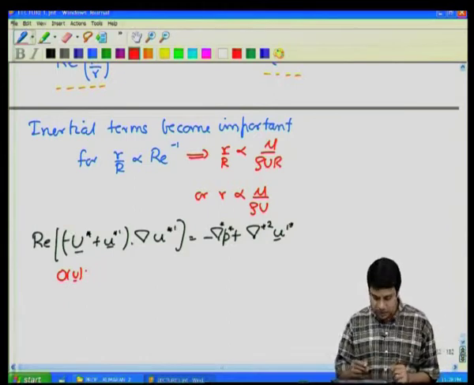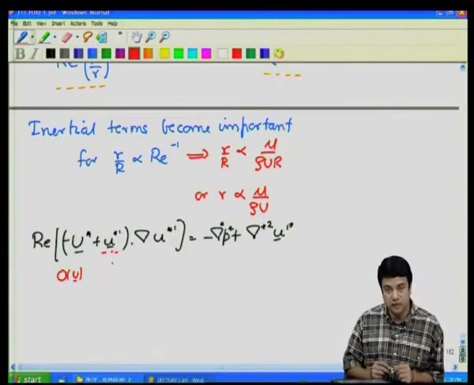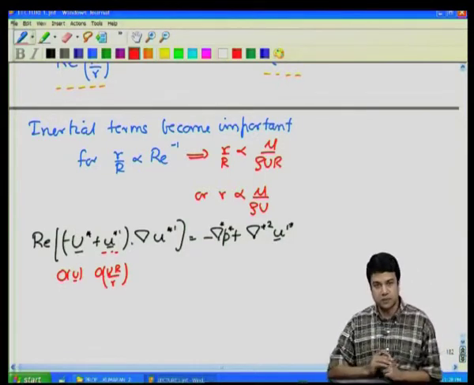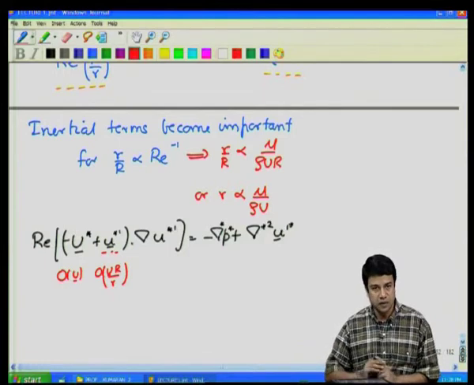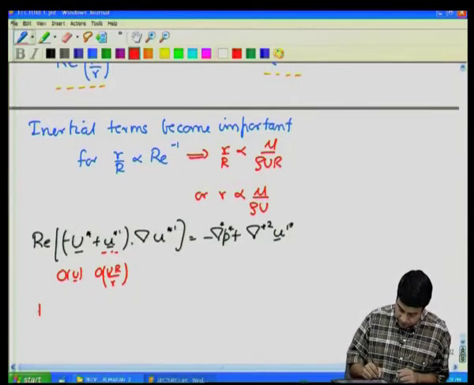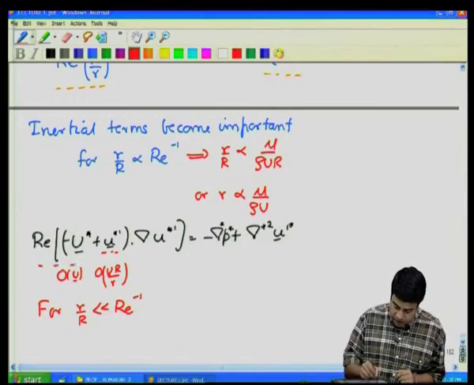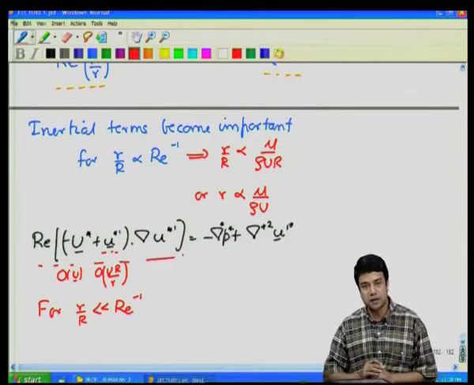Whereas, this term here goes as 1 over r. If you are sufficiently near the object, for r by R smaller than Re inverse, I can neglect the entire inertial term on the left.